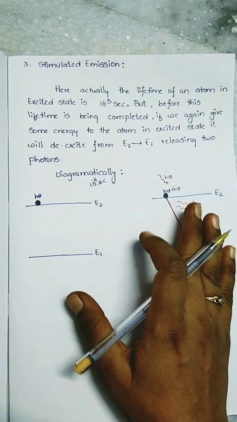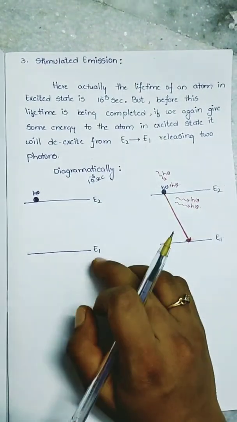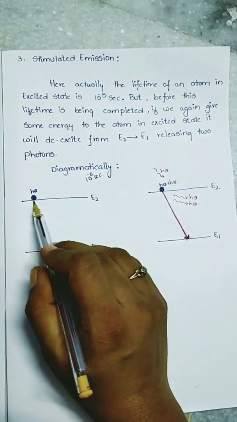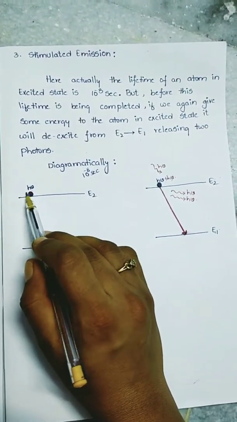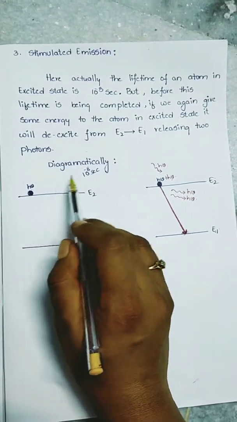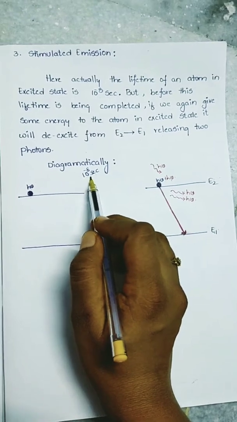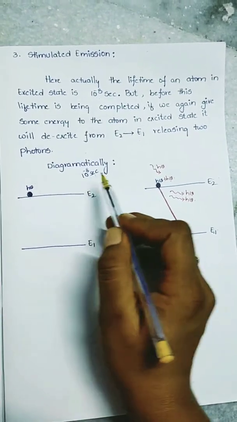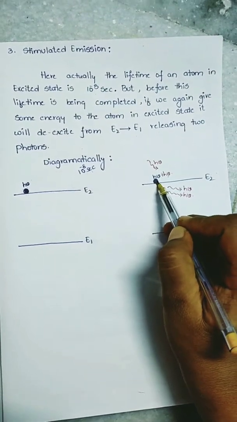Simply, stimulated emission is nothing but we have the same 2 energy states. The atom will be present in E2 state containing h nu energy, but before completing 10 to the power of minus 8 seconds, that means before it completes its lifetime, we are once again giving h nu energy to this atom.